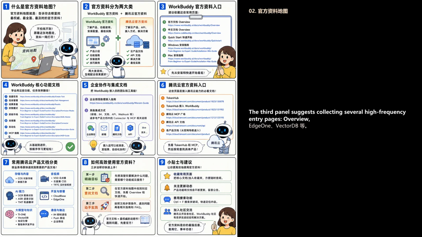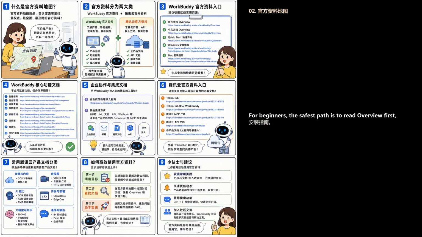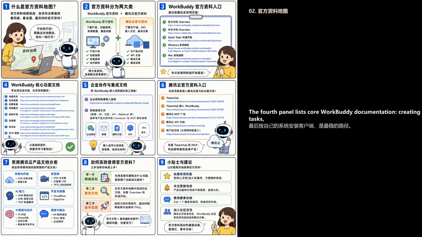The third panel suggests collecting several high-frequency entry pages. Overview, Chinese documentation, Quick Start, Windows installation guide, and Mac installation guide. For beginners, the safest path is to read Overview first, run the first task through Quick Start, and then install the client that matches your system.